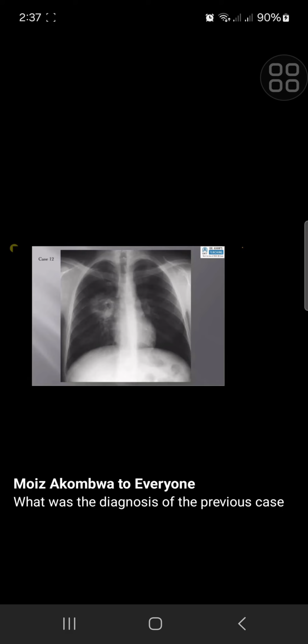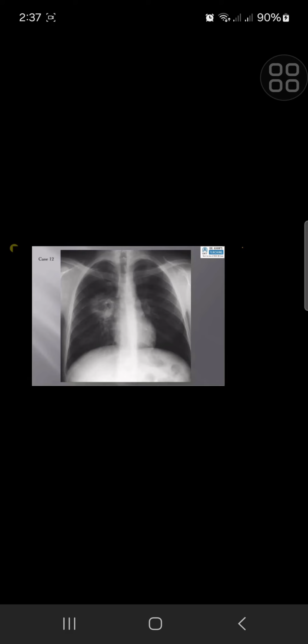So I've got a solitary cavitating lung lesion within the right hilum with a wide differential. My first one would be malignancy, primary lung malignancy, such as squamous cell carcinoma. It's less likely to be metastasis because it's solitary. The other differential would be infections such as tuberculosis or other bacterial infections like Klebsiella or Staph aureus.